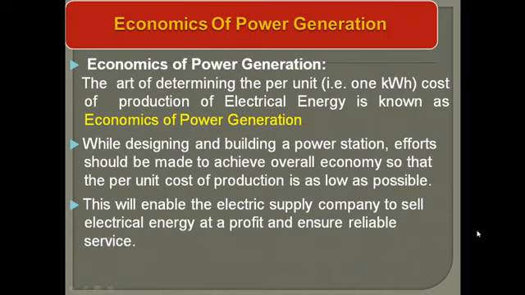And while designing and building a power station, efforts should be made to achieve overall economy so that the per unit cost of production is as low as possible. This will not only enable the electric power company to sell the electrical energy at a profit but also ensure reliable service.